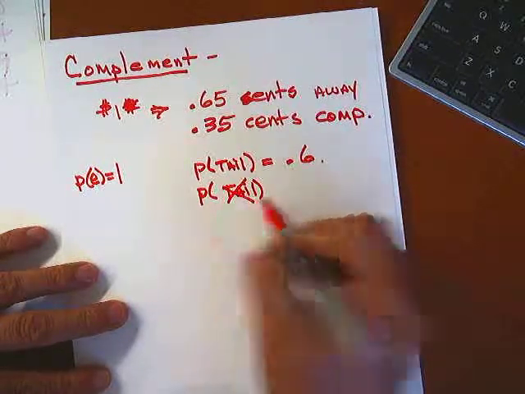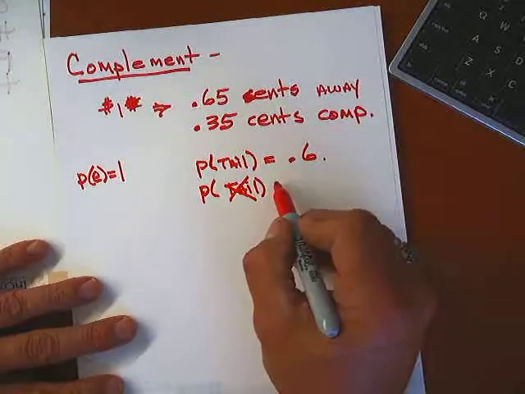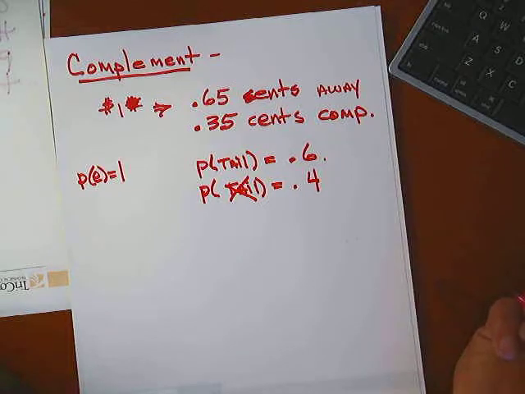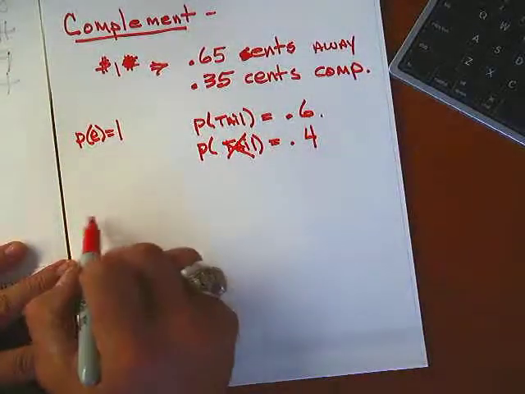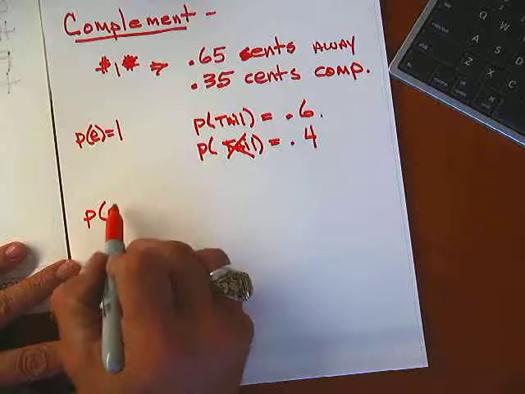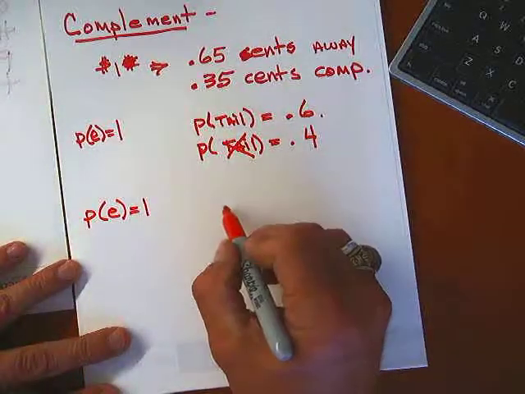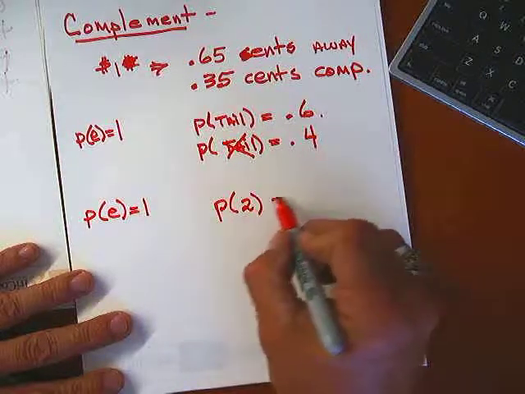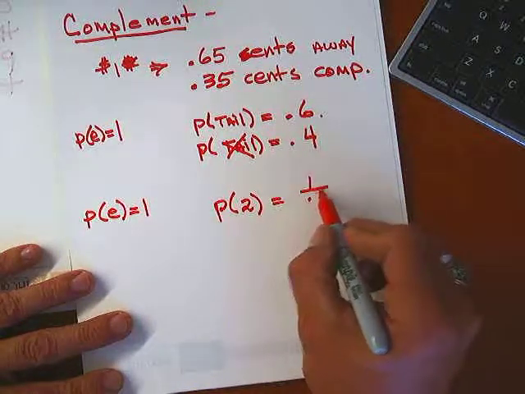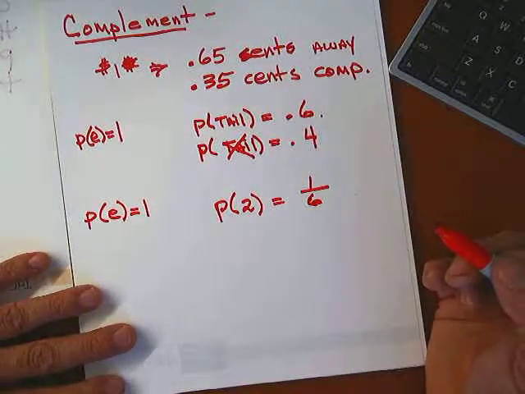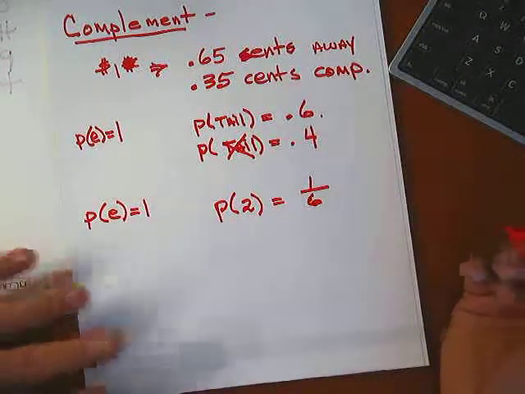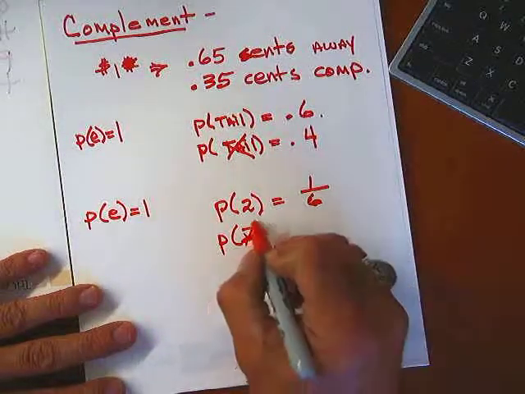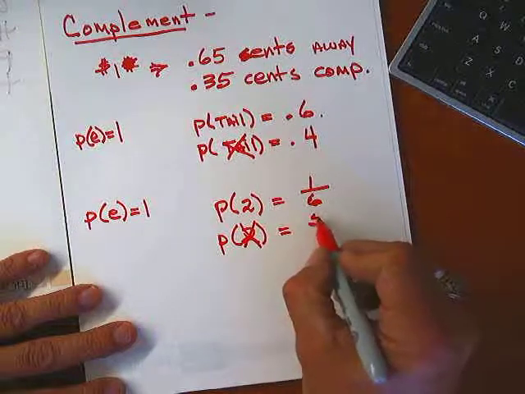Another example of a complement: if the probability of an event is equal to 1, and you have the probability of, let's say, the event being tails, like flipping a coin, and you say the probability is 0.6, then the complement, or the probability of not tails, which would be heads in this case, but I just put an X through tails, is equal to 0.4.